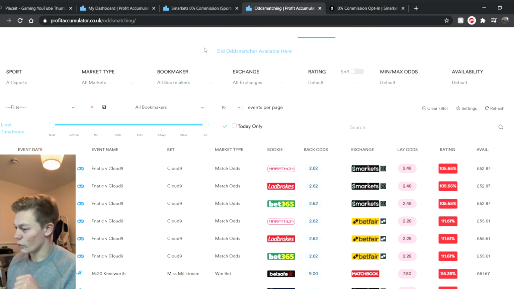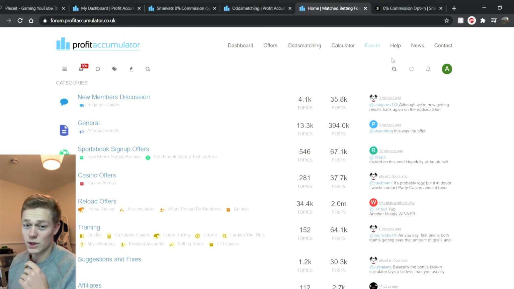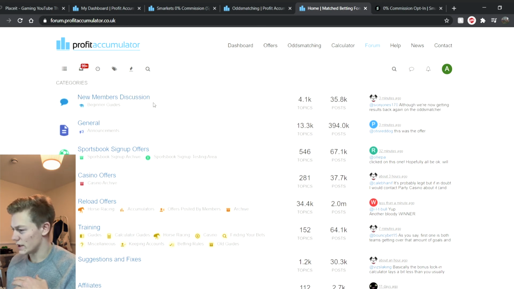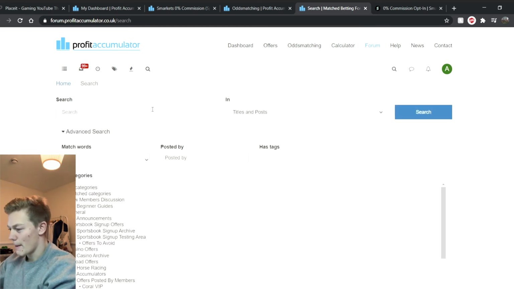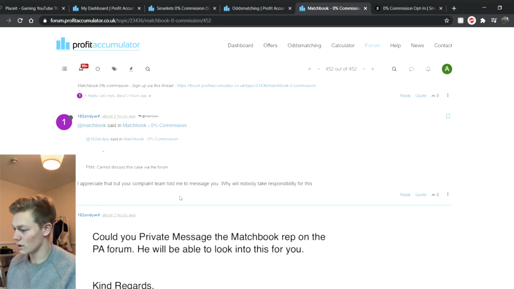Another cool thing that we can do is basically get 0% commission from another exchange called Matchbook. So to do this, we need to find the Matchbook forum. We type in Matchbook, and we see Matchbook 0% commission comes up. We click on that.